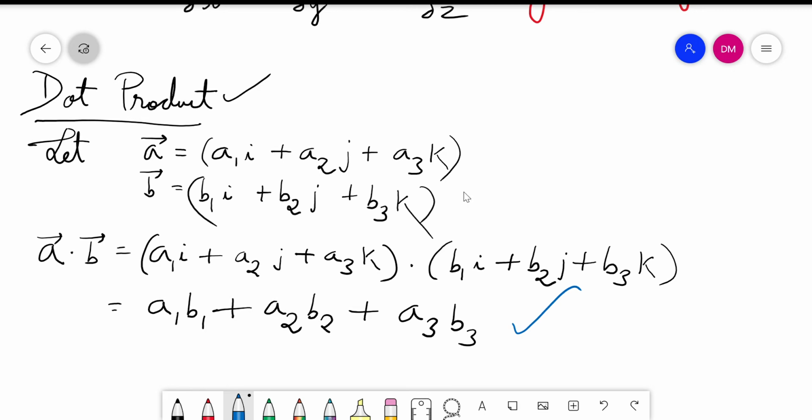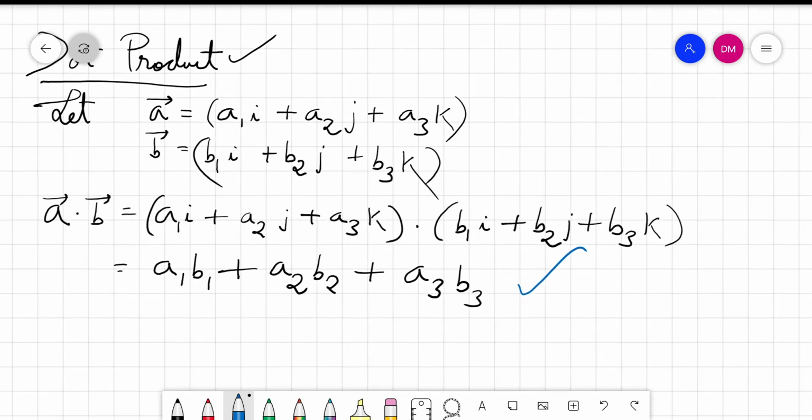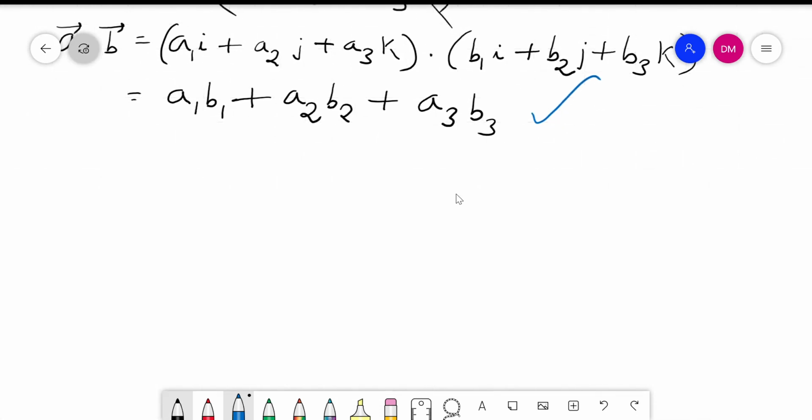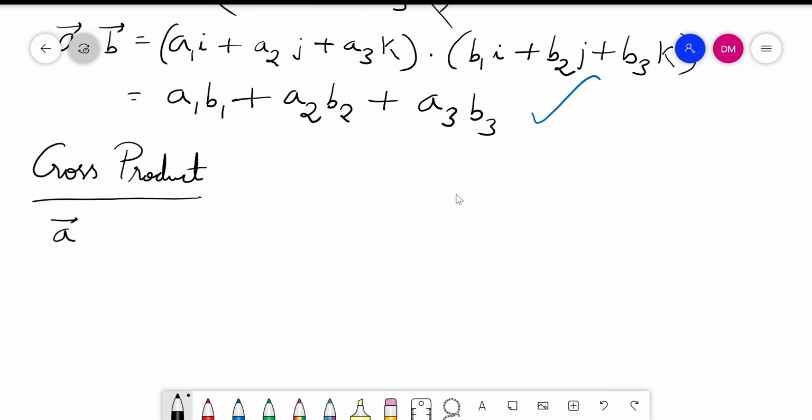Next we shall talk about cross product. Suppose a vector cross b vector. Cross product is found with the help of determinant.